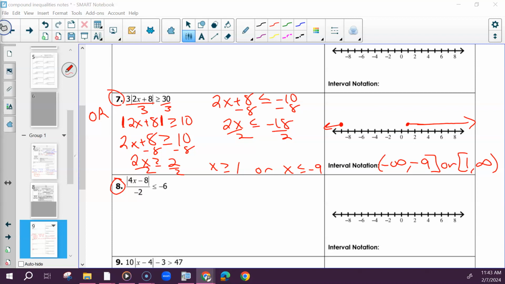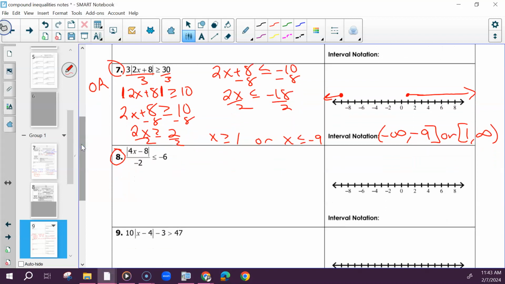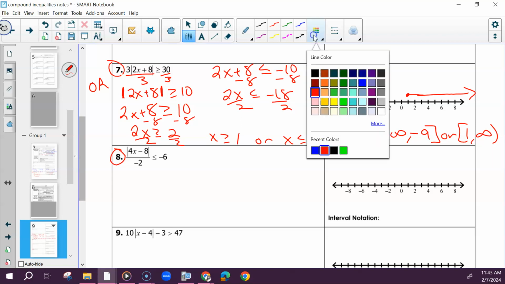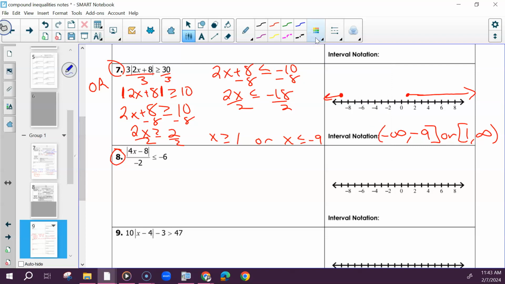Alright, do we have any questions on 7? Okay. Number 8, how would we isolate the absolute value? Multiply by -2. So when we do that, the sign is going to change direction. So it was an "and", but now it's an "or".